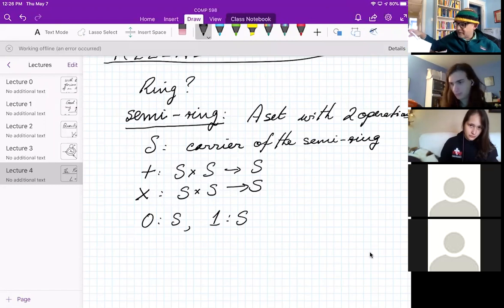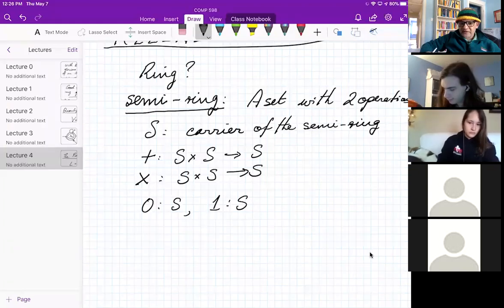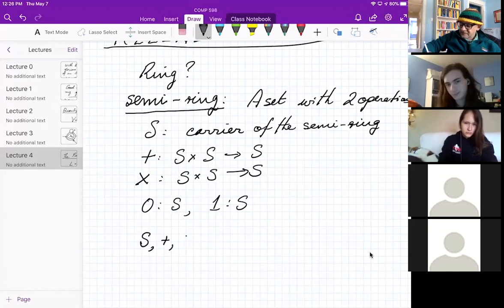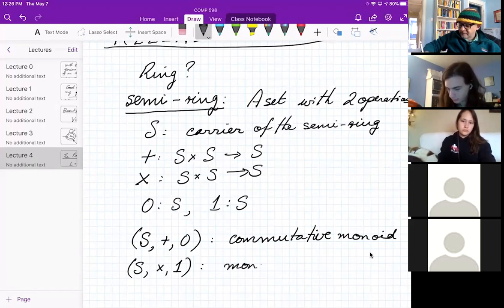Don't confuse these with the numbers 0 and 1. This is an abstract set with these two binary operations and these two distinguished elements. So (S, +, 0) forms a commutative monoid. (S, ×, 1) forms a monoid, which may or may not be commutative.